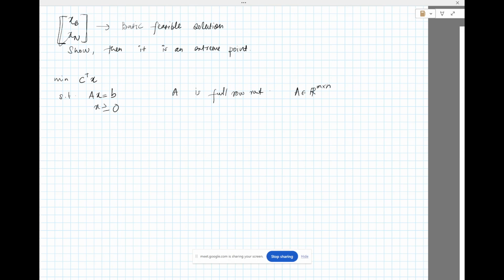So A is full row rank means we can get m linearly independent rows or columns, right?